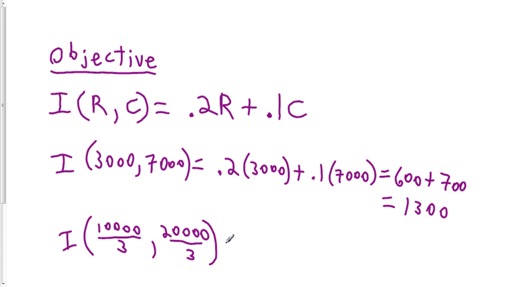So we get here 0.2 times 10,000 over 3, and we get 0.1 times 20,000 over 3.